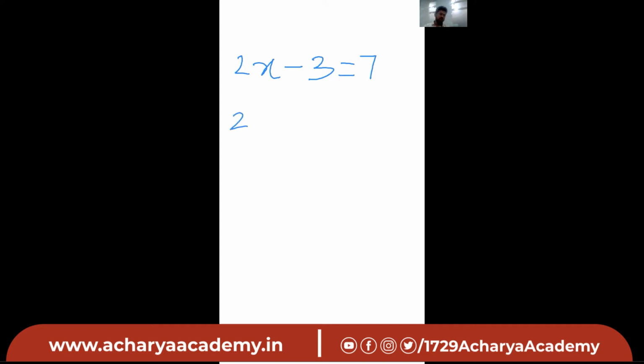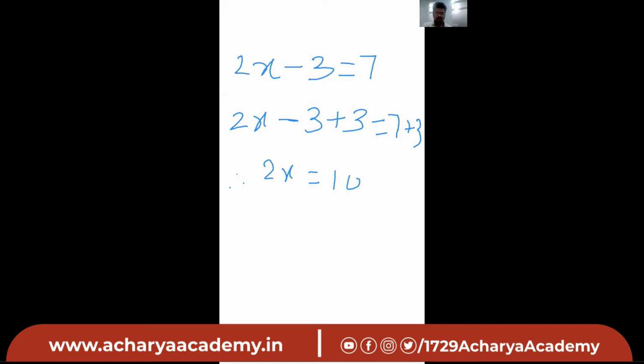Therefore we get 2x minus 3 plus 3, which removes the minus 3 from the LHS, equals 7 plus 3, because we want to keep the equation equal. So 2x minus 3 plus 3 becomes 2x and 7 plus 3 becomes 10.